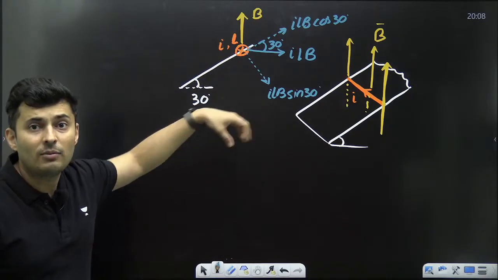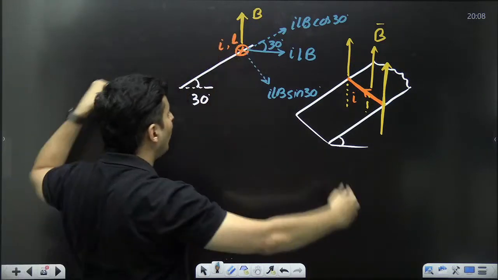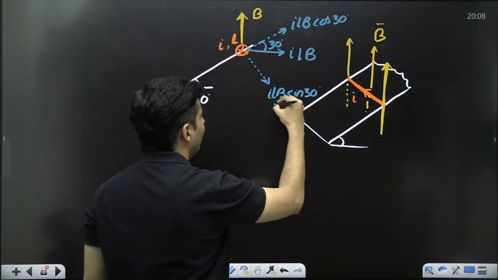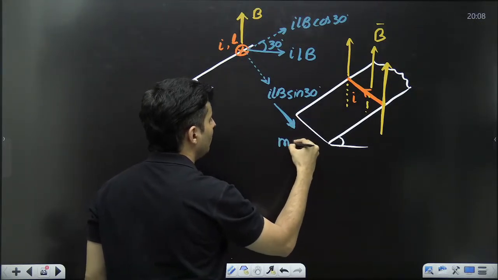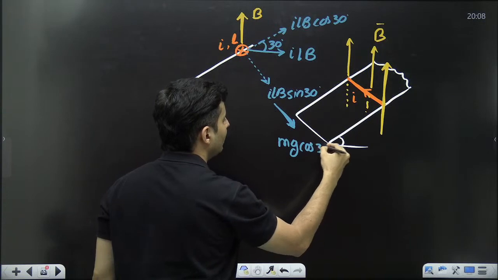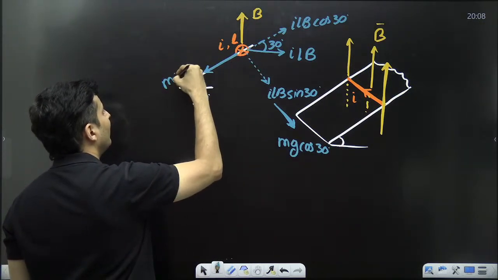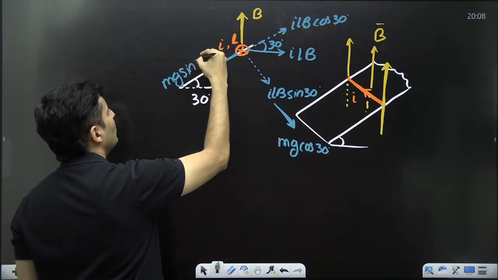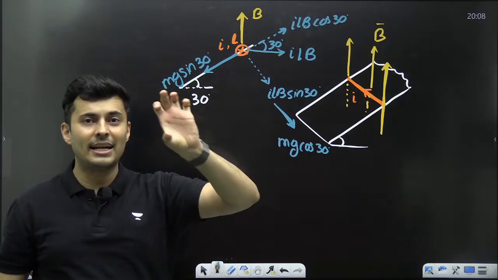Not just that, there will be more forces. There will be the weight of the rod, which will also have two components. One component will be mg cos 30, and there will be another component like this, mg sin 30. It's the standard resolution. You know how to draw the free body diagram of a mass on an inclined plane.